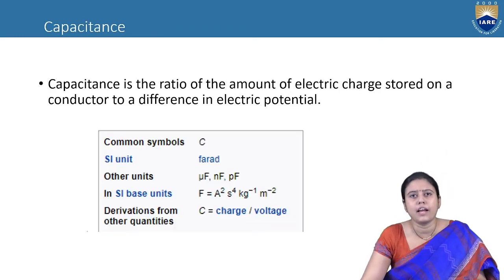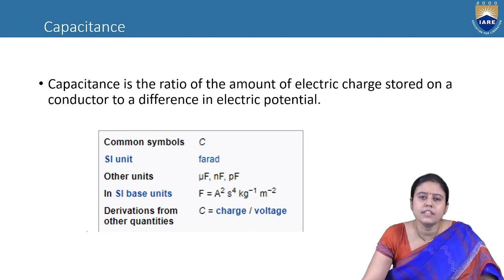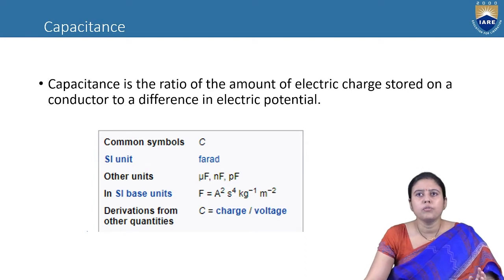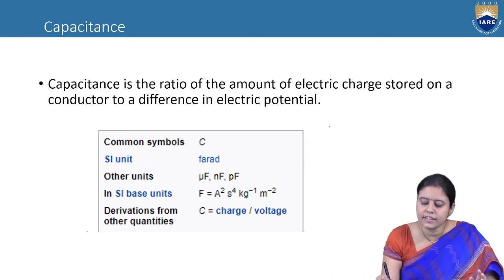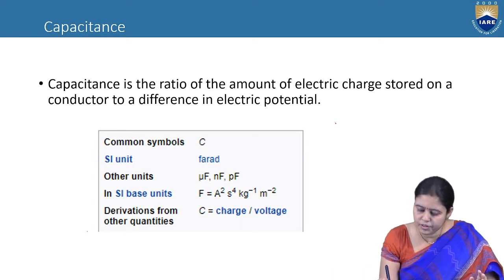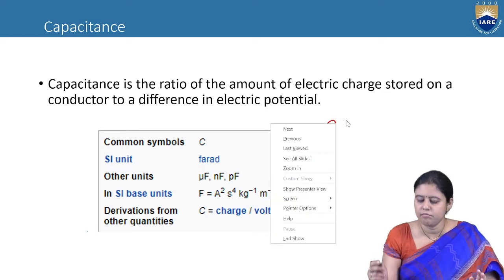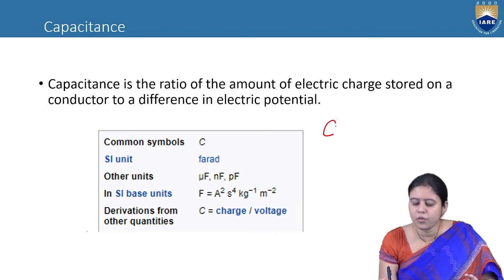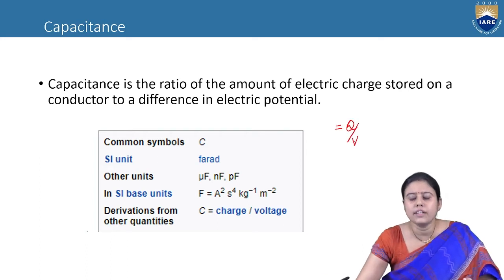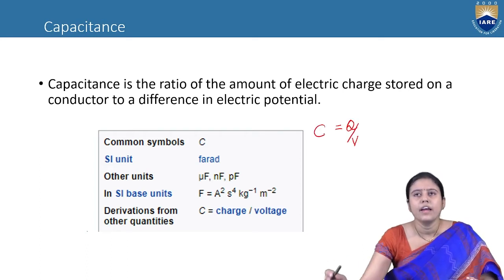So what is a capacitance? Capacitance is the ratio of the charge stored in a conductor to the voltage. So we can write that C equals Q by V. What is capacitance?